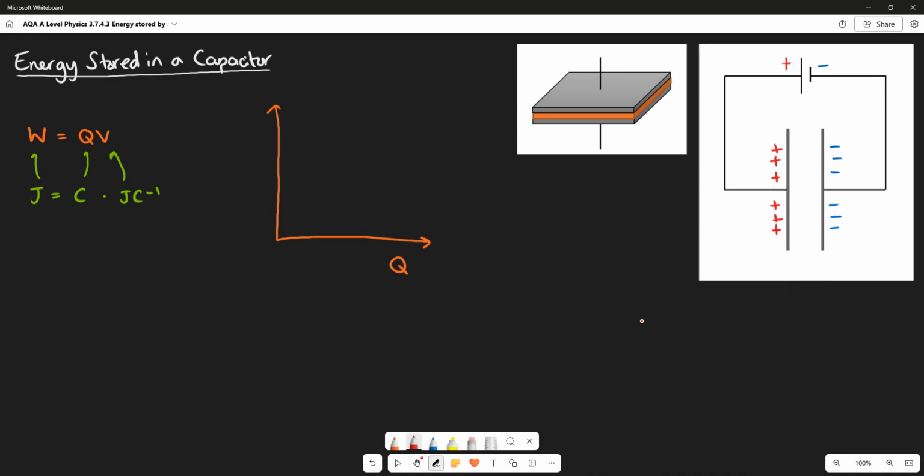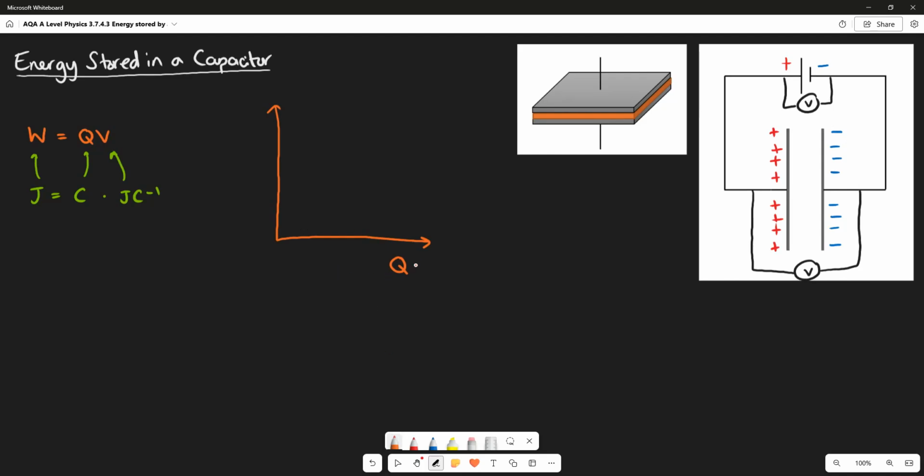Eventually, when the capacitor is fully charged, the voltage across the capacitor will be equal to the voltage of the power supply.